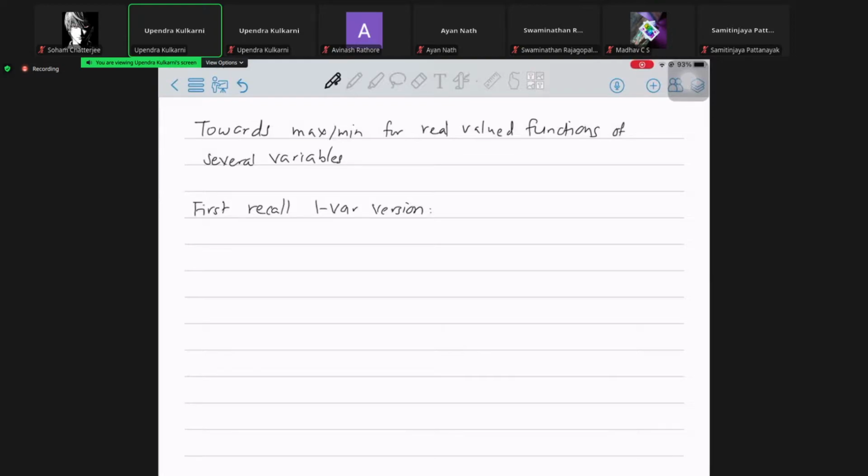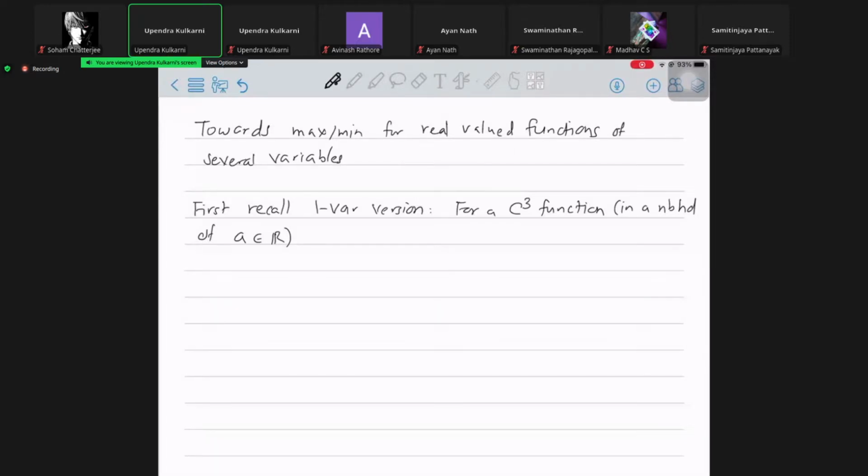So for a C3 function in a neighborhood of some point a in R, a real valued function of one real variable.